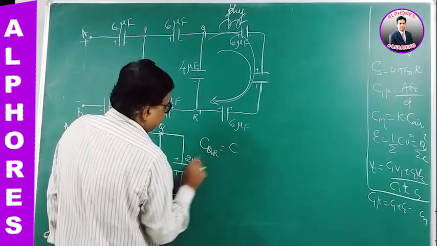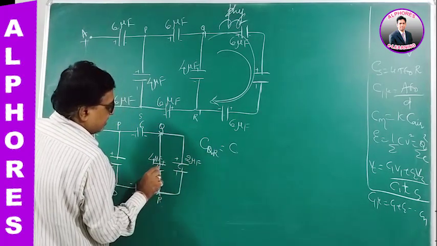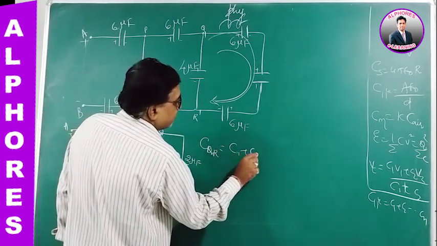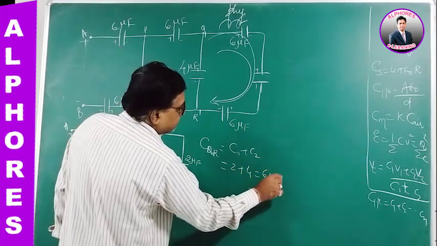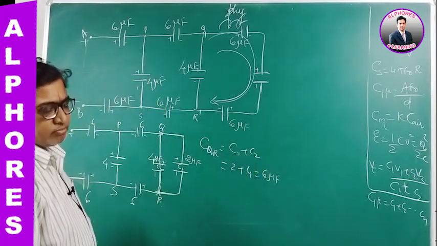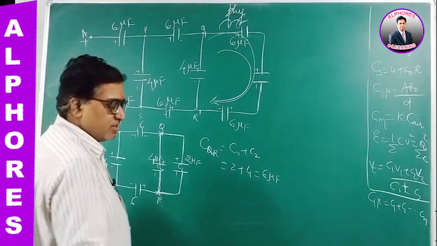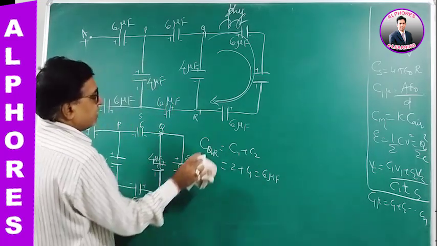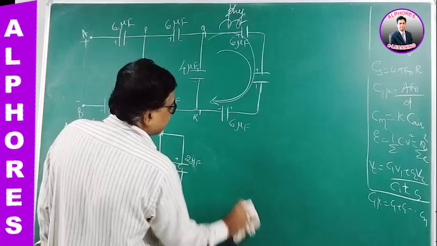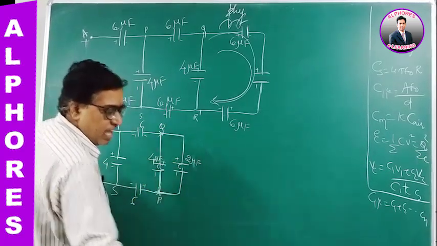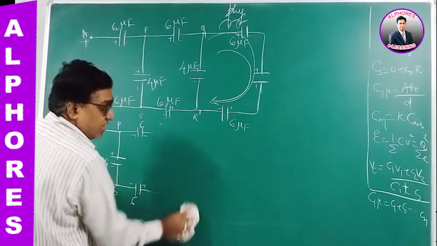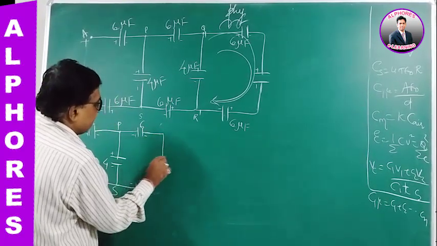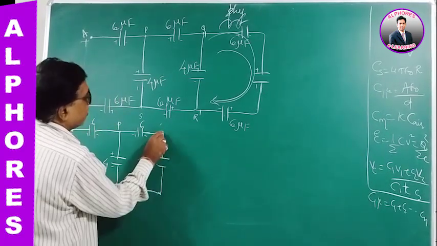Let's say this is C1 and this is C2. It's C1 plus C2, 2 plus 4, it is 6 microfarad. Therefore we get the resultant capacity of these two as 6. I can remove these both and write a single capacitor of 6 microfarad between Q and R.